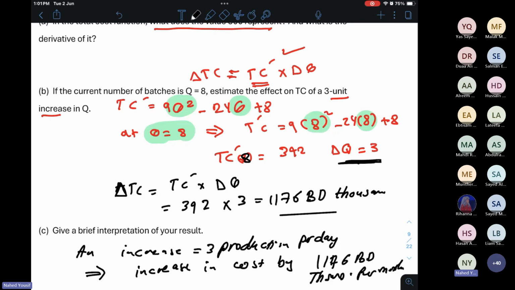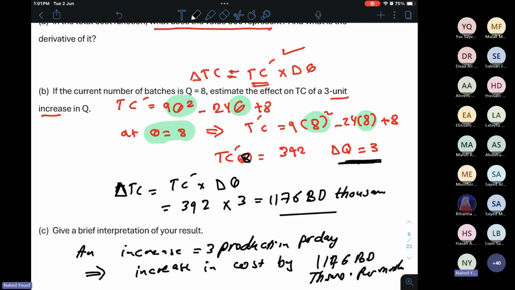Is that clear? So you just have to say that the 3 unit batches increase will result in an increase by 1,176,000 per month in the cost.